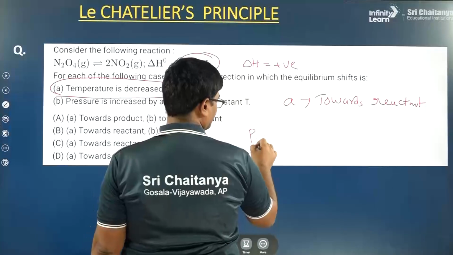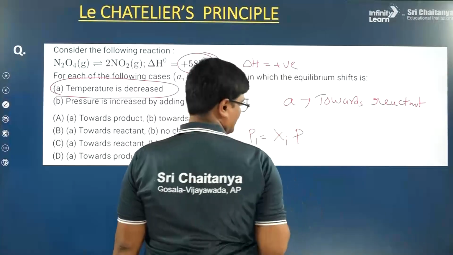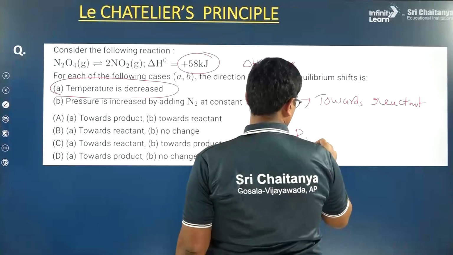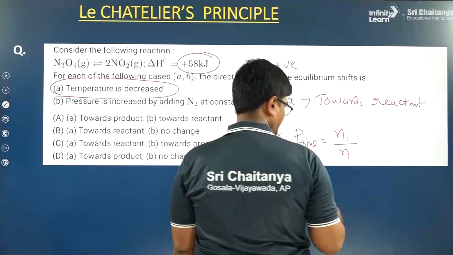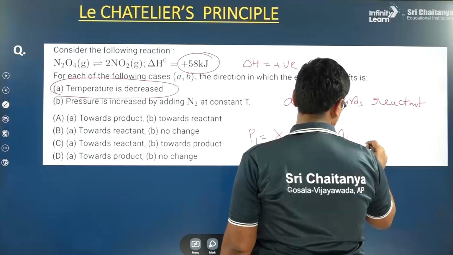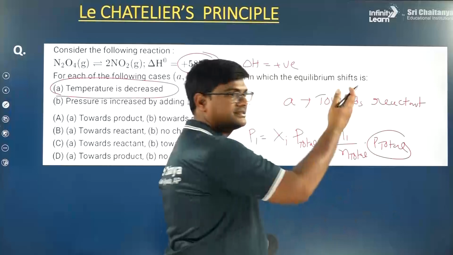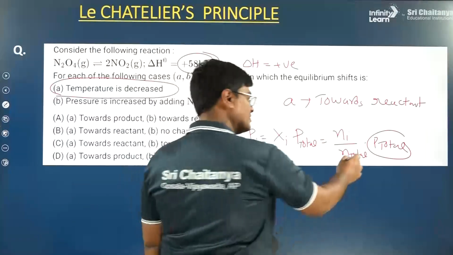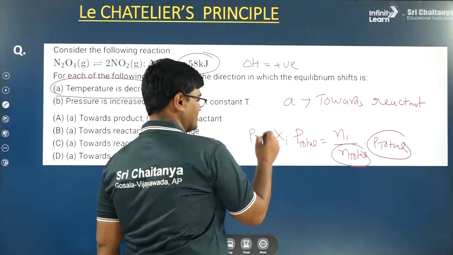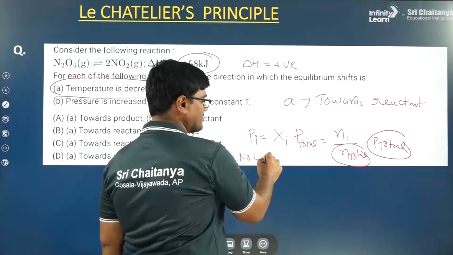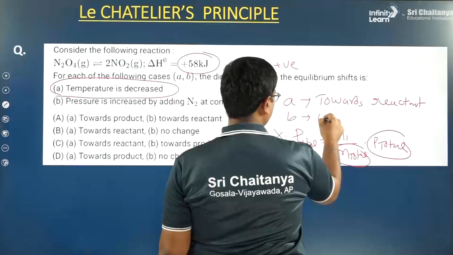The partial pressure of a gas is the mole fraction of the gas times the total pressure. Mole fraction is n_i divided by n_total, multiplied by P_total. So total pressure increases, and at the same time total moles also increase. That means on the whole there is no change in the partial pressure of the gas, so there is no effect in case B.